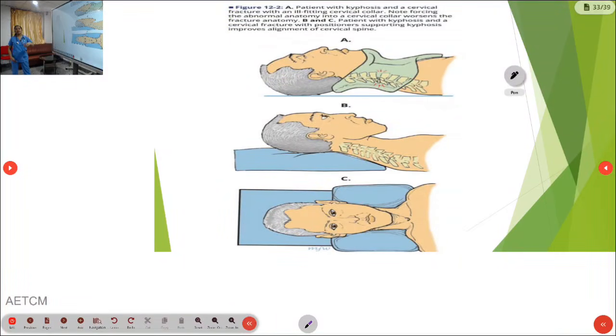In case of ankylosing spondylitis or any kyphosis or scoliosis, it's very difficult to put on a collar. So, either we can apply a collar or we can use these positioners in case of kyphosis to align the C-spine if a collar can't be put on properly to stabilize the C-spine.